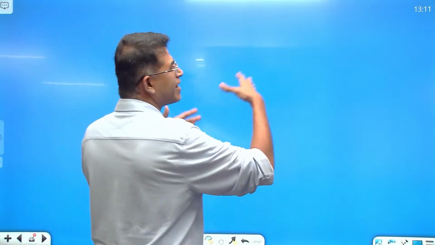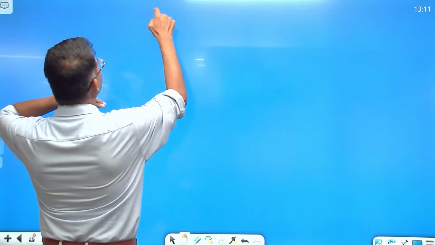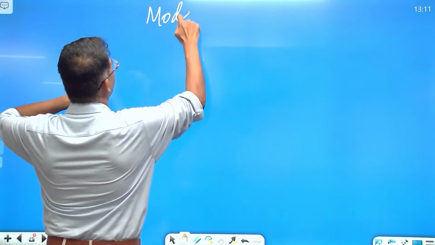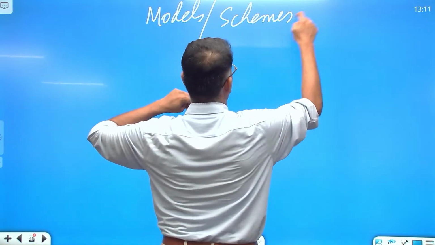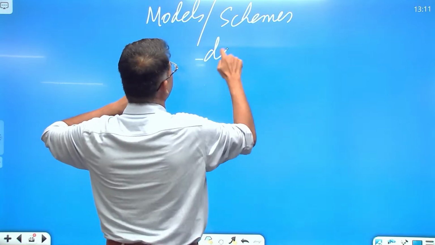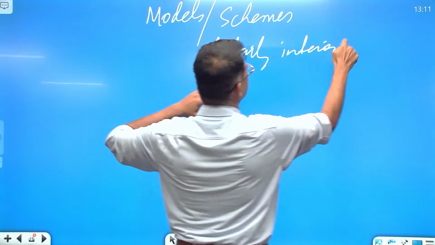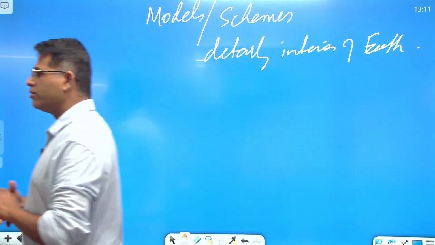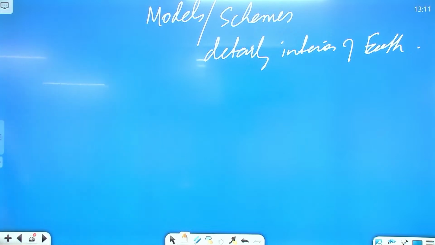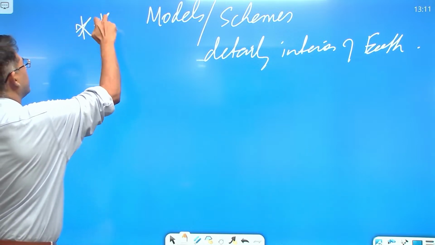Now, just for the sake of some additional content, what are the various models and what are the various schemes detailing the interiors of the earth? This is extra content.